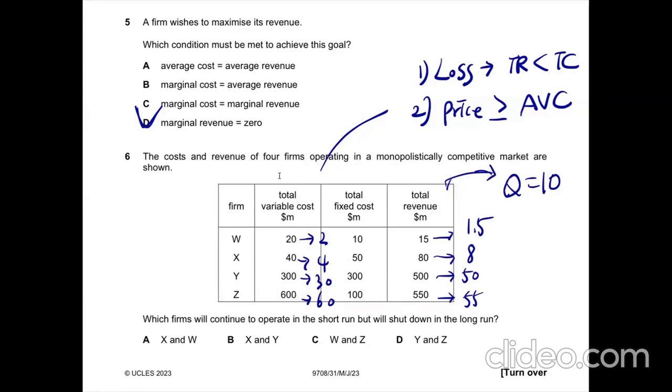So it doesn't satisfy the second condition, so no. For firm X, its total cost is 90 and total revenue 80, so it is making a loss. For the second condition, its average variable cost is 4 and market price 8, which is bigger. So yes, it satisfies both conditions.